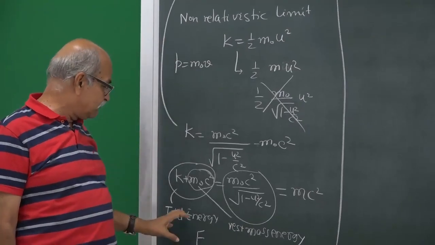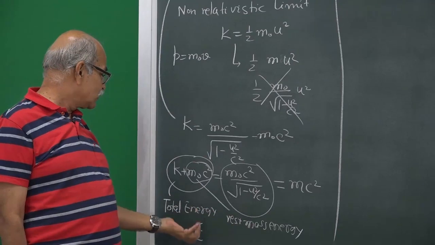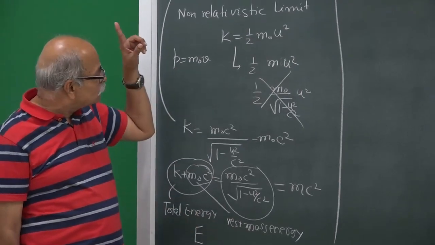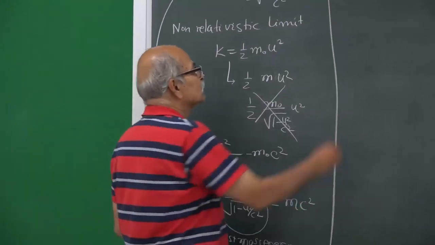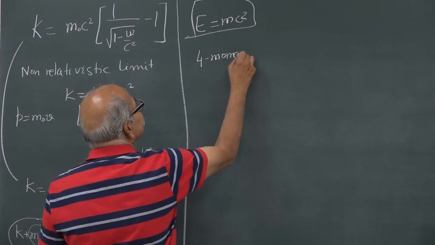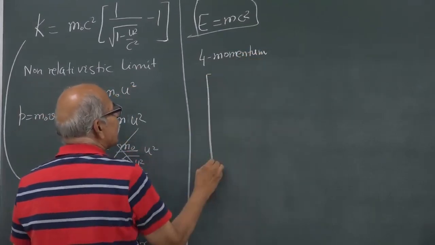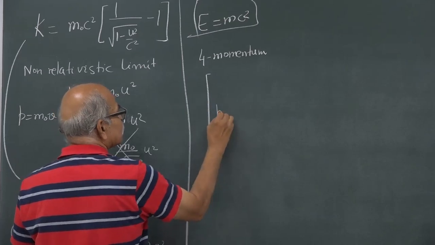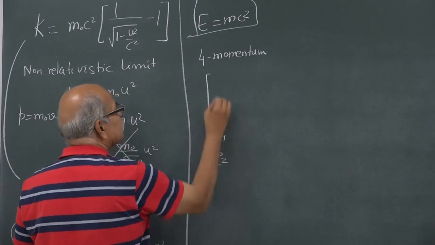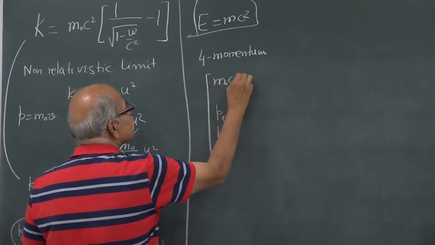Now, we do have a lot of significance of this rest mass energy and total energy, we will talk about that, but let us go to the original question, the 4 momentum. Let us look at 4 momentum once again, and in 4 momentum you had these 3 components px, py, pz, and this component here was m naught times c times gamma.